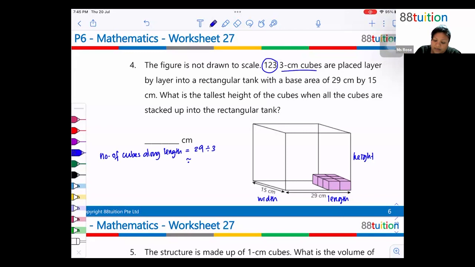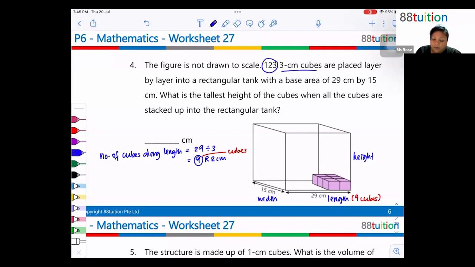You would actually get 9 remainder 2. This 2 is 2 cm. This 9 refers to 9 cubes. Okay, so along the length, you have 9 cubes.